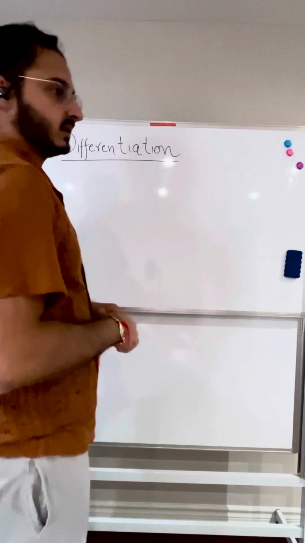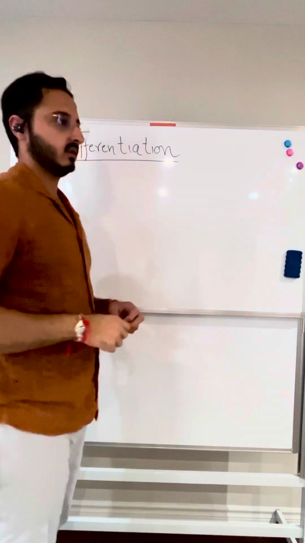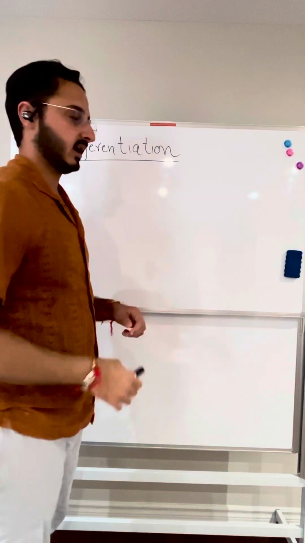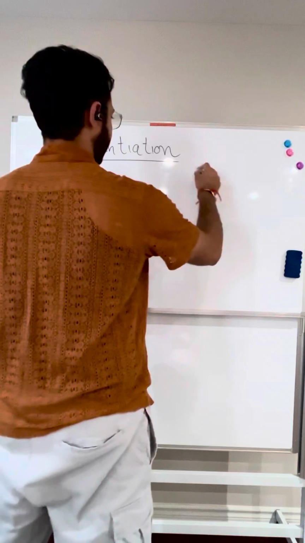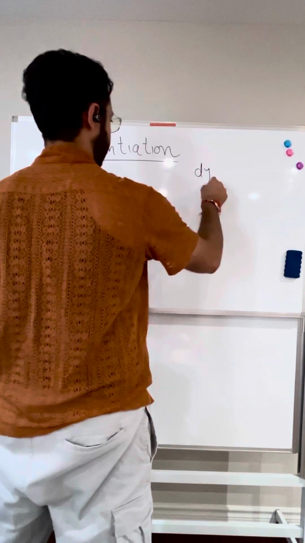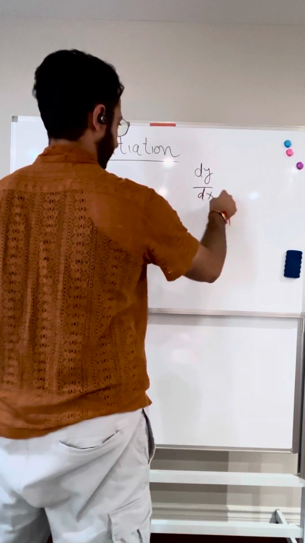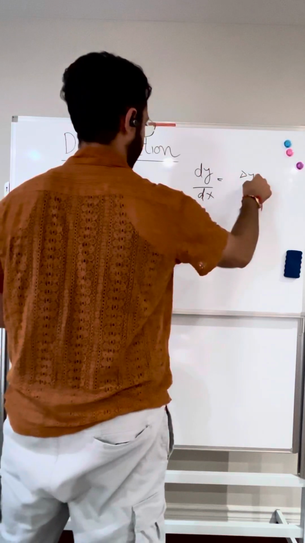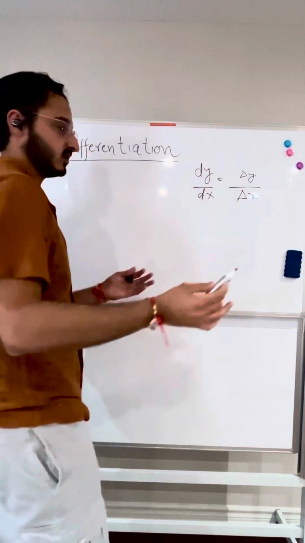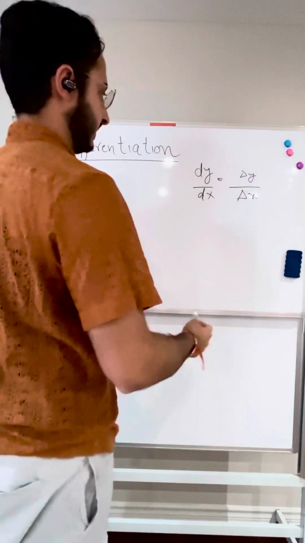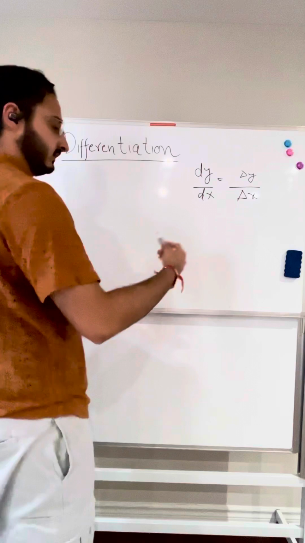If any one of us has some basic understanding of differentiation, or we have studied somewhere in high school or in secondary school as well, we know that differentiation is represented as dy by dx, which is the rate of change, dy or delta y by delta x, which is rate of change with respect to x, which is the function in terms of the input.